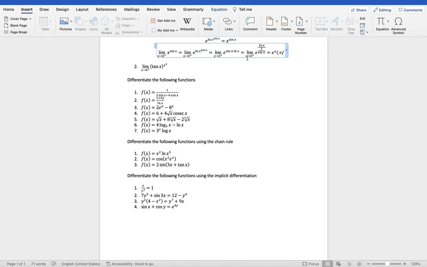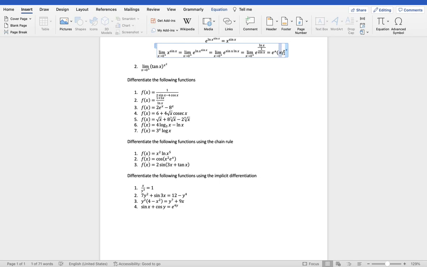Because remember, you're dividing 1 over sine of x as x tends to 0 from the positive side. So x tends to 0, but is not equal to 0, right? So there's a difference there. So you have 1 over a very small value that is tending to 0, that gives you infinity as well.